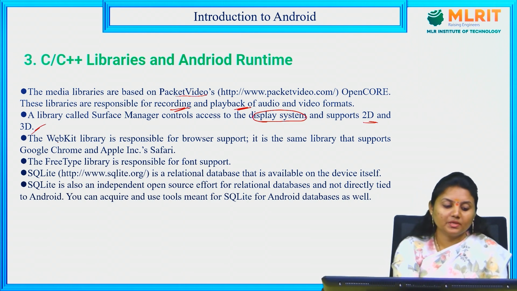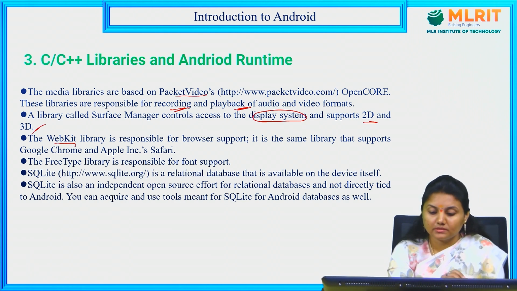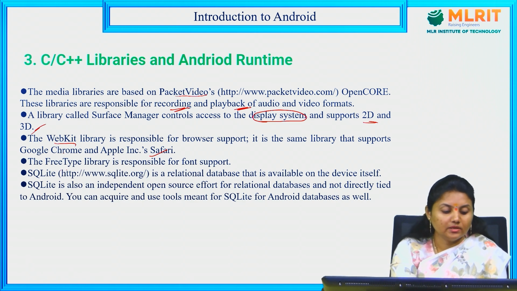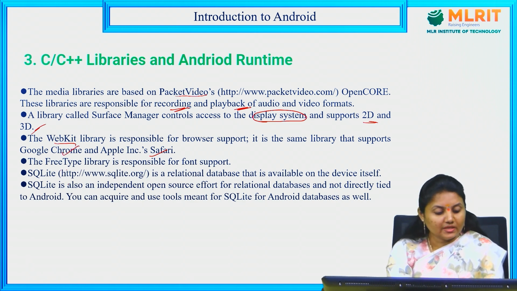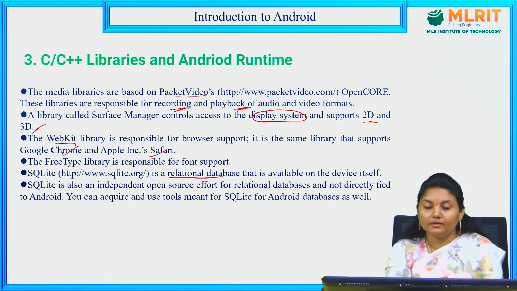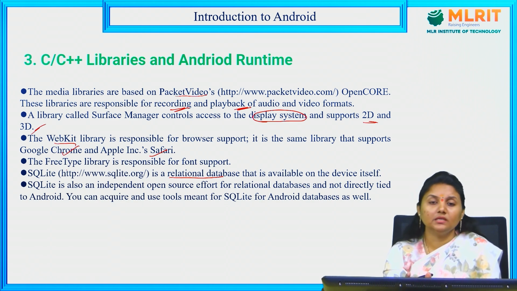So this WebKit library is supporting the Android system, and it supports even Safari on Apple phones and Chrome also. Then SQLite is a small relational database, and comparatively the storage capacity may vary when compared with the PC, but SQLite is supported.